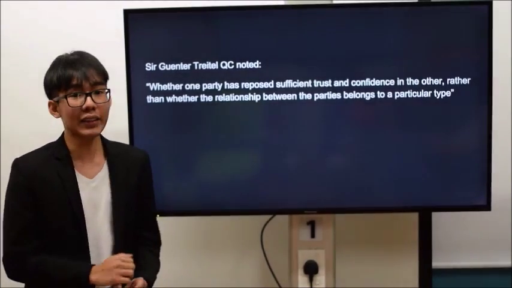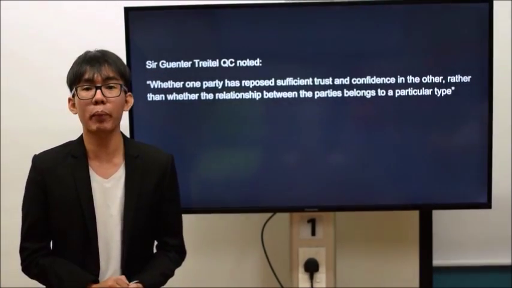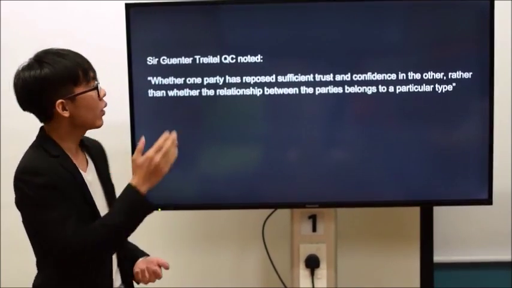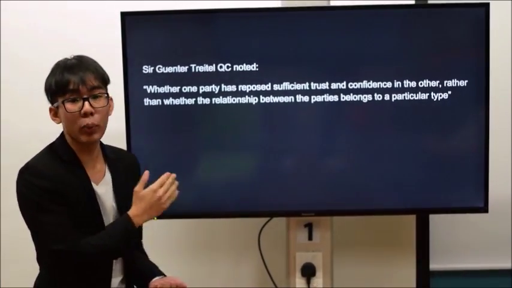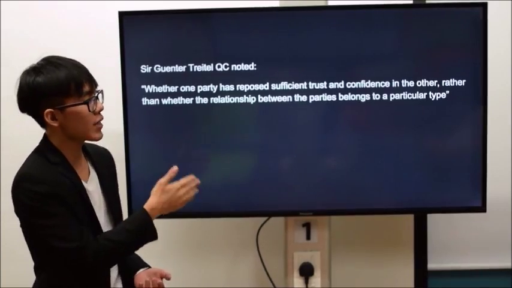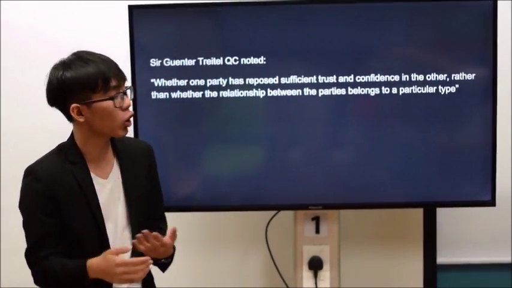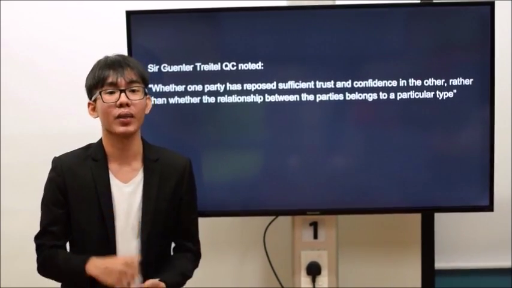Thus, the case with Class 2B presumed undue influence is, as Sir Guenter Treitel noted, in whether one party has reposed sufficient trust and confidence in the other, rather than whether the relationship between the parties belongs to a particular type.